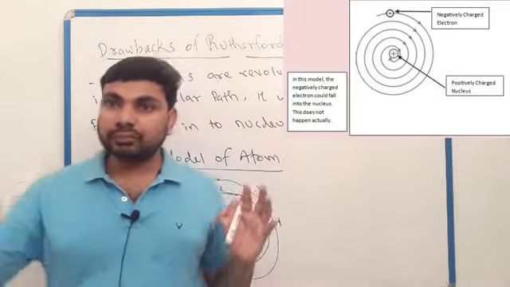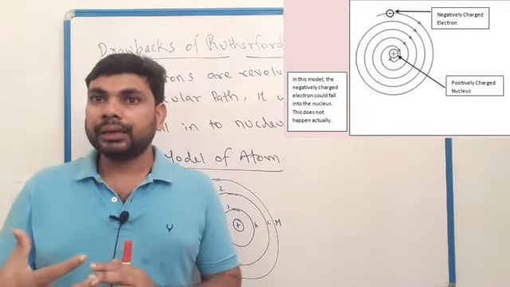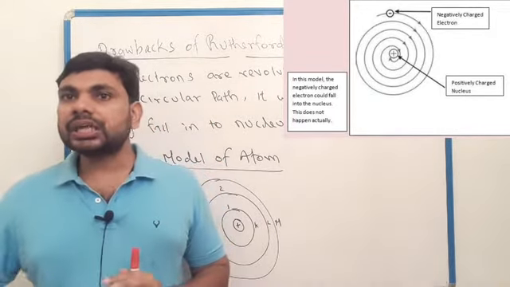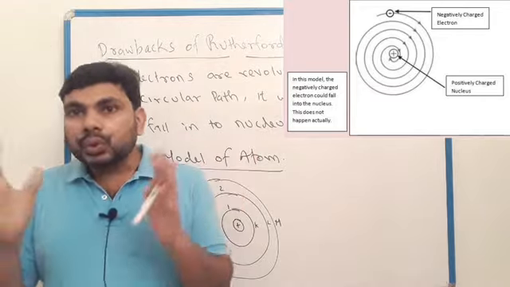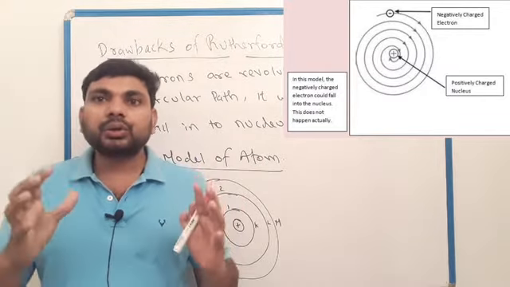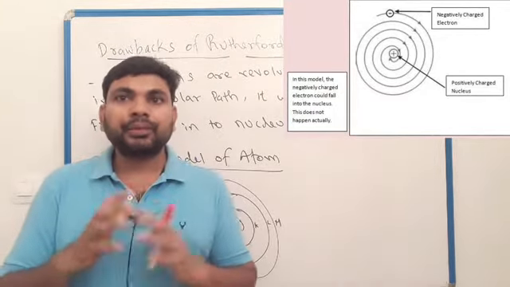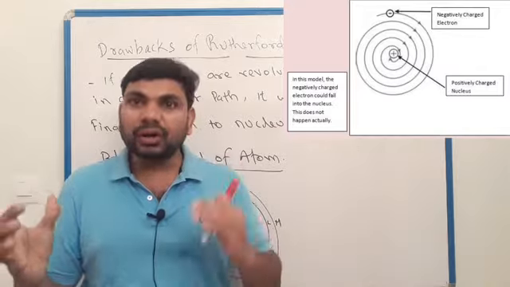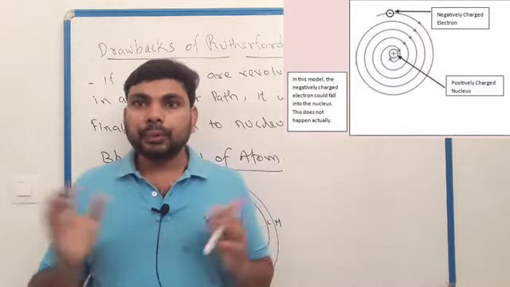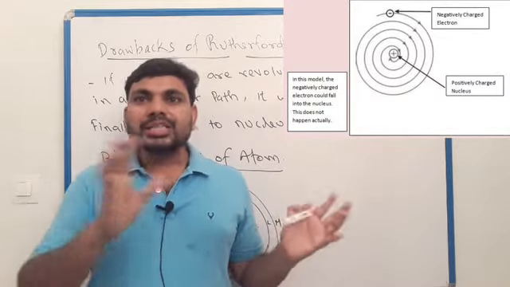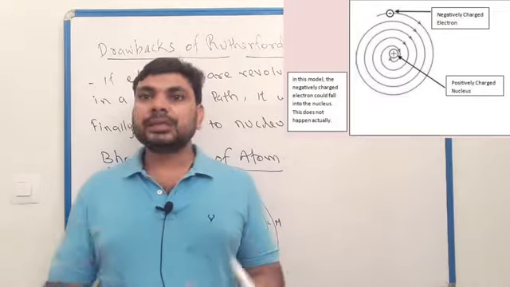You can see the electron will come close to the nucleus. Again it radiates energy, again it will come close to the nucleus. Finally the electron will fall into the nucleus. Okay, it means there was one electron, finally it disappeared.